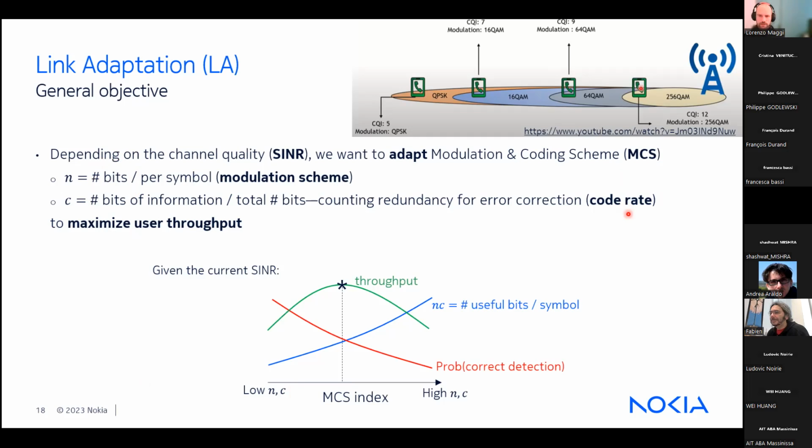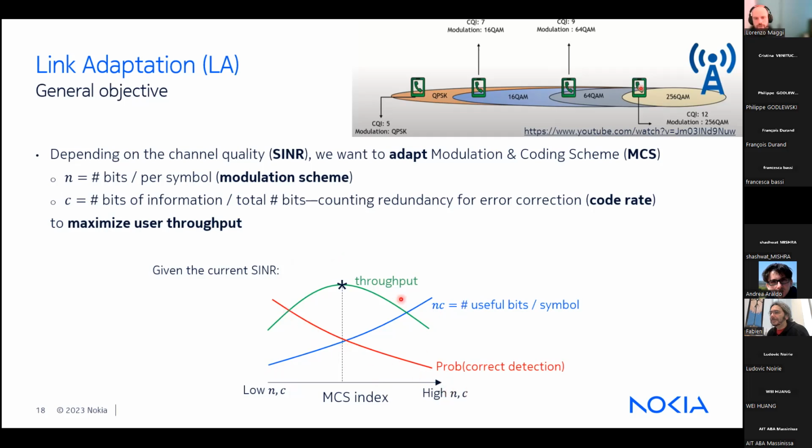So the number of useful bits per symbol, so carrying information, is basically the product of these two things, which clearly increases as the modulation and code rate increase, but then the probability of a correct detection decreases as these increase.